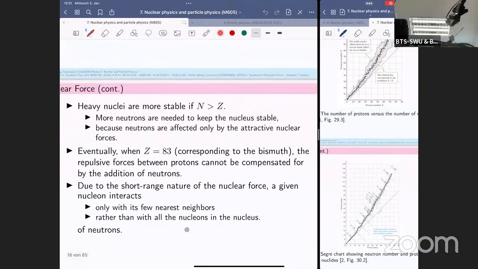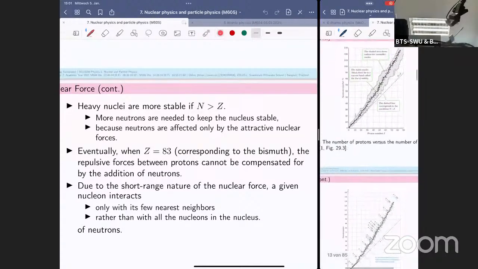Eventually, when Z is equal to 83, corresponding to bismuth, the repulsive force between protons cannot be compensated by additional neutrons. The results you can see in this figure are only the stable elements.